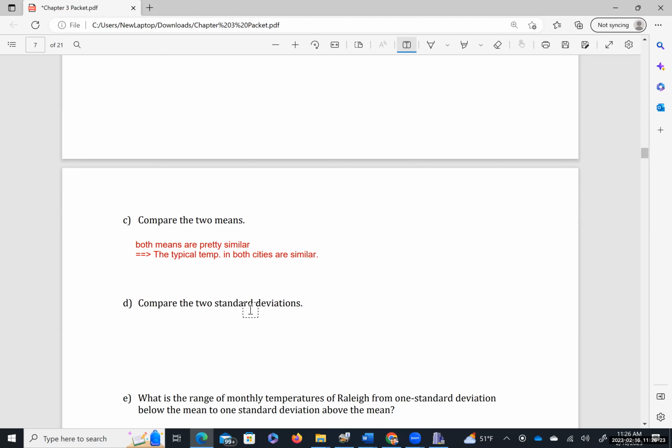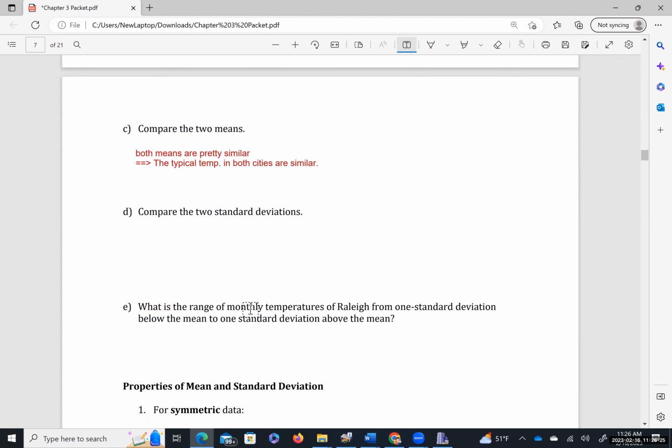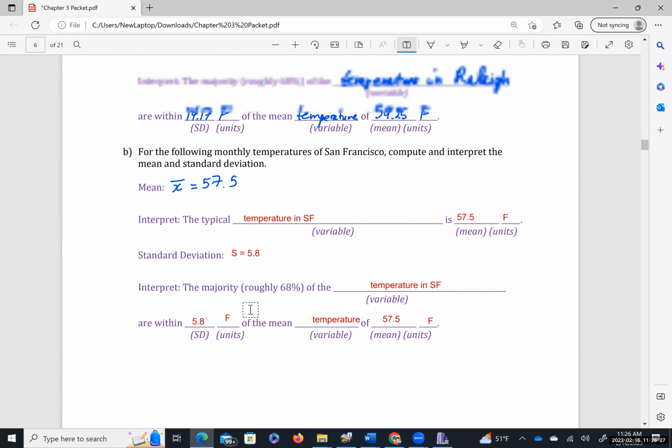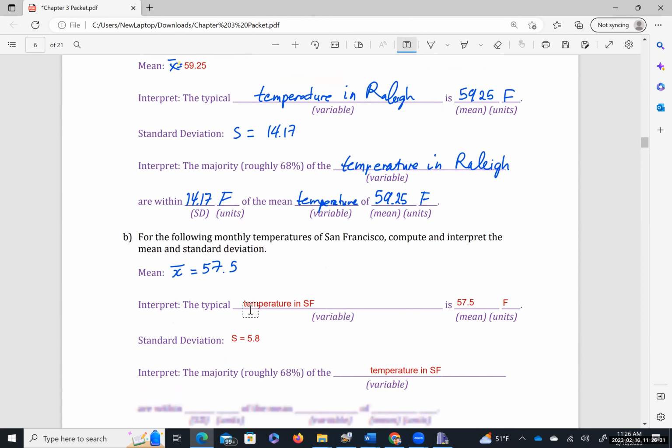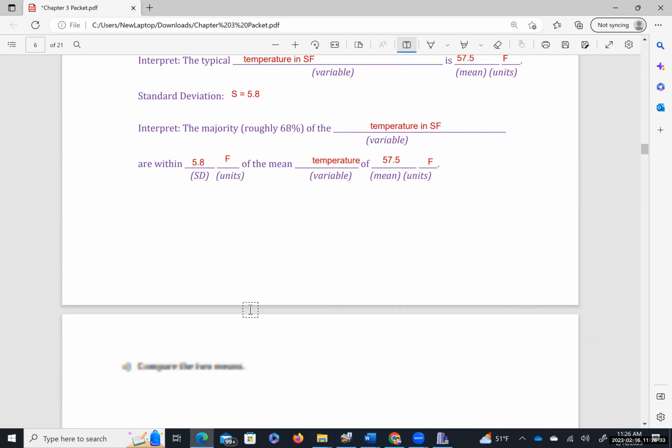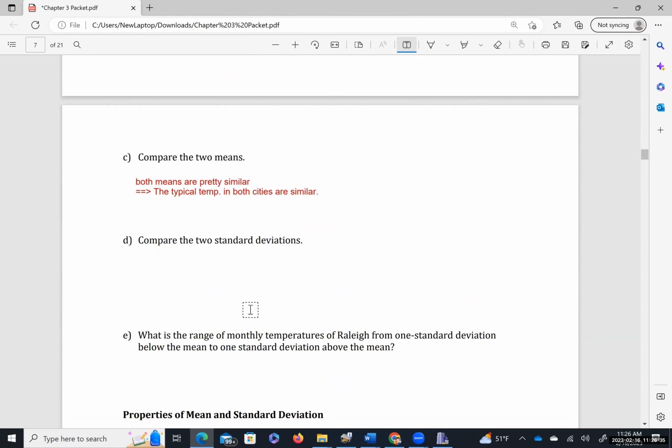What about the two standard deviations? One is 5.8, another is 14.17. It's really different.